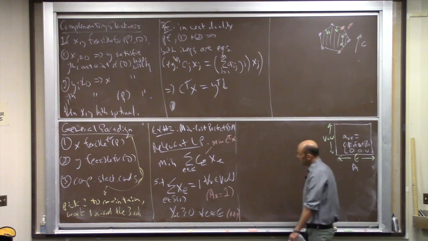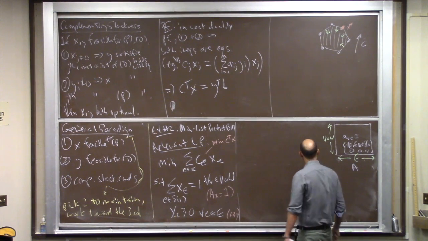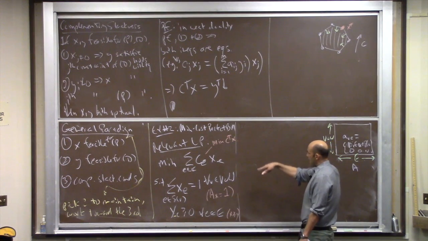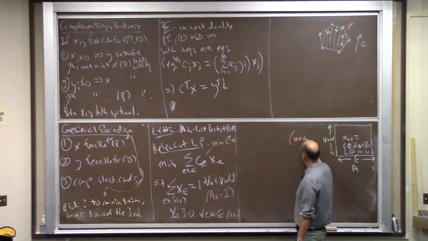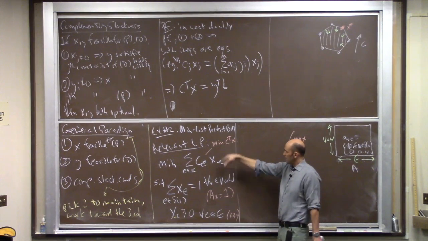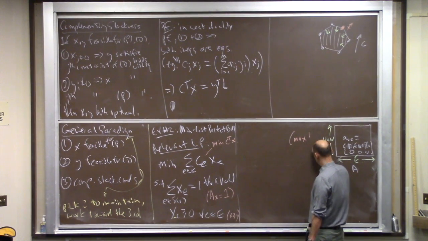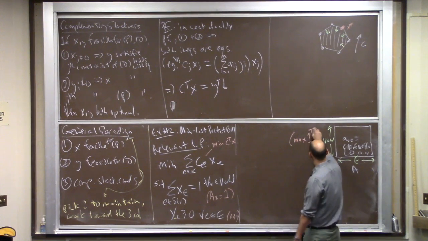All right, so now we're ready to just sort of write this down. First, let me just do it in matrix vector notation. So what's going to happen? The min becomes a max when you take the dual. The objective and right-hand side get exchanged. So the right-hand side was all 1s, so we now have that.